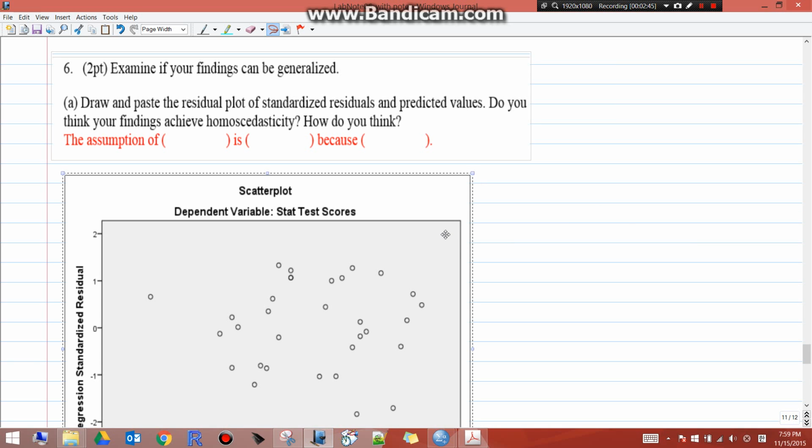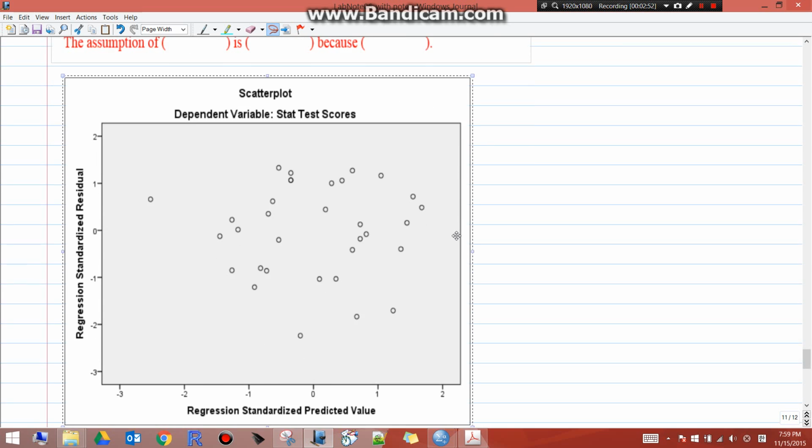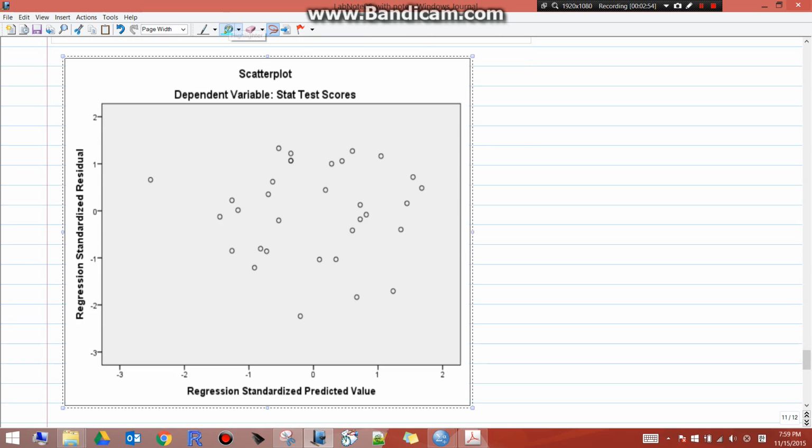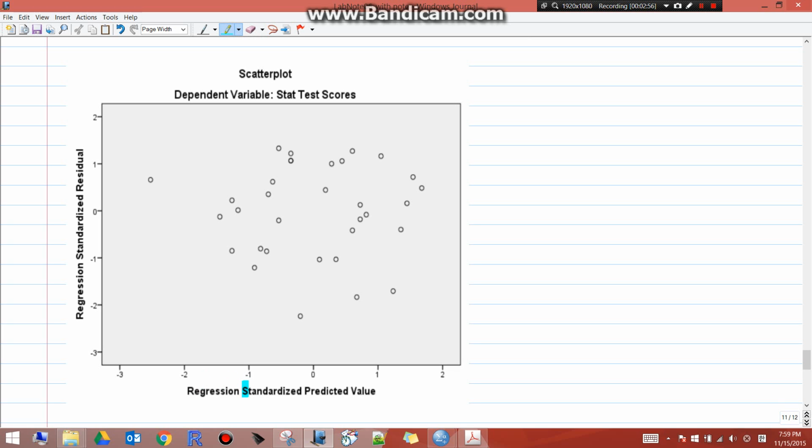So we draw the residual plot of standardized residuals and predicted value. If you look at the x-axis, regression standardized predicted value of what? Y. So we predict the value of Y, the statistics test scores, by using the regression model.